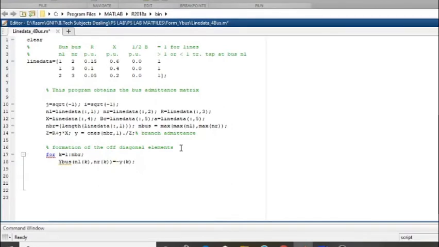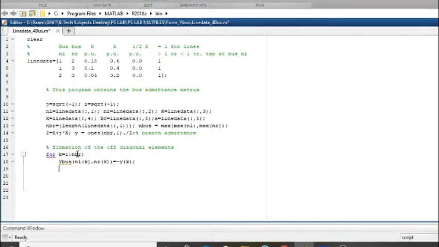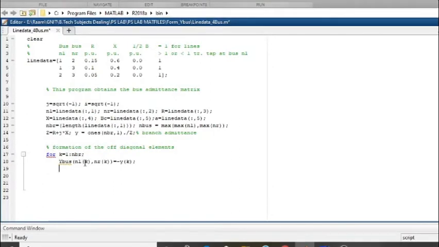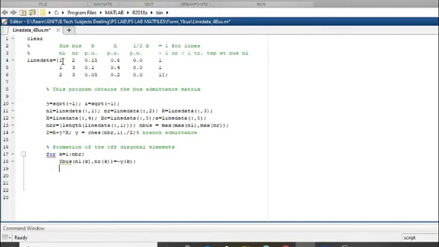Y bus NL of k, comma NR of k is equal to minus y of k. So it is going to calculate for k is equal to 1, k is equal to 2, and k is equal to 3. If k is equal to 1, then what happens? NL of 1 is the first one. What is NR of 1?